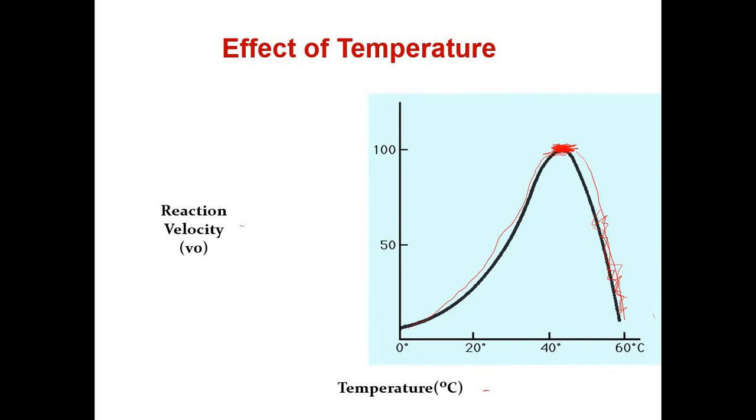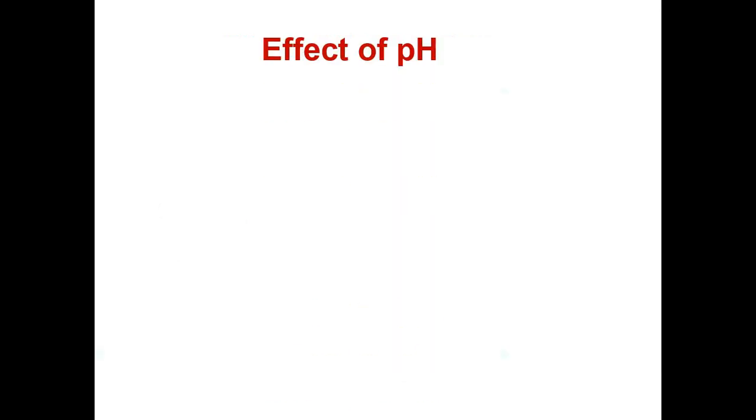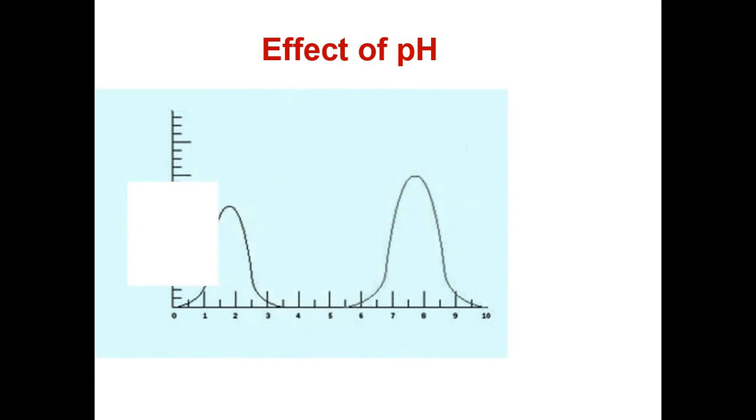Okay. For pH, many enzymes also show a similar relationship between reaction velocity and pH. This is just a single enzyme. Some enzymes only have one optimum pH, but other enzymes like this one could have two optimum pH.